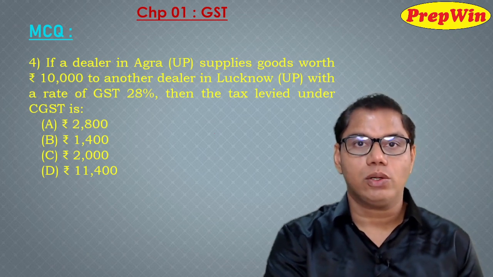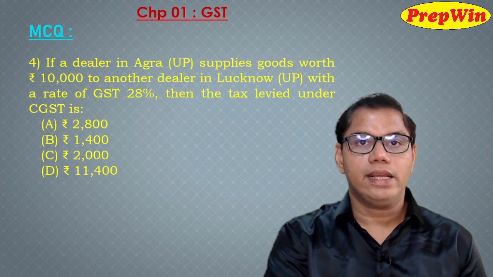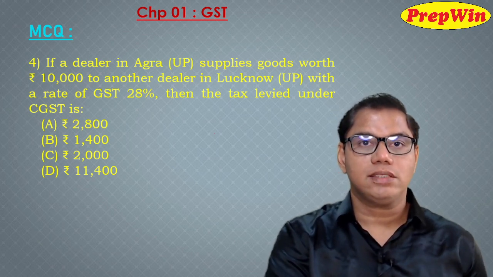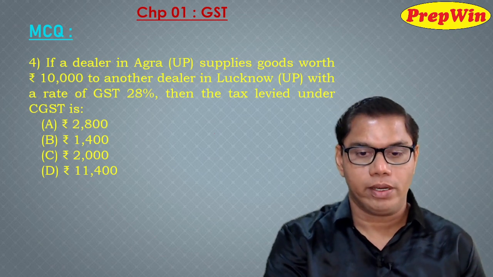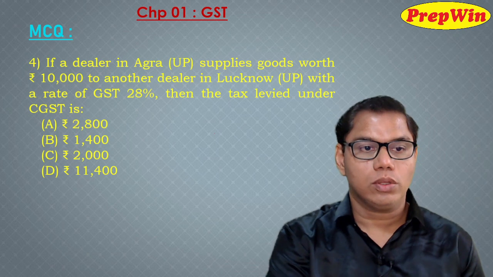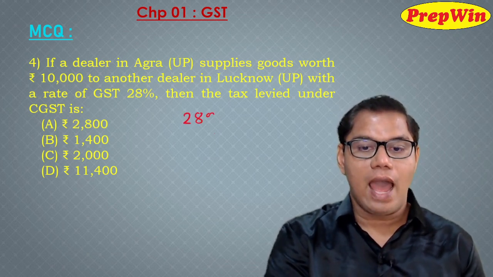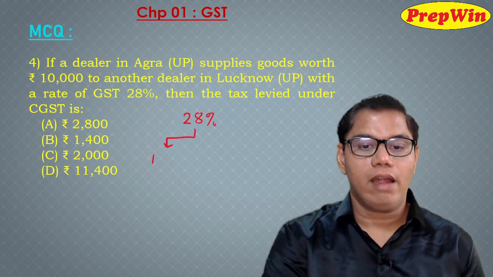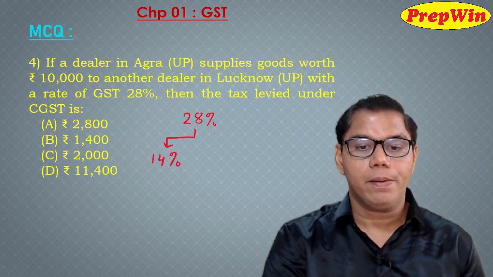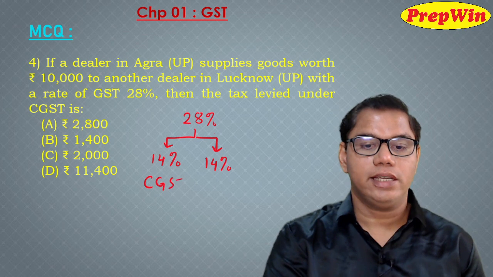Now again going back to our concept of GST, the GST collected is equally distributed between the state government and the central government. So here GST is 28%. So this 28% is equally distributed as 14% and 14% by the state government and the central government as CGST and SGST.